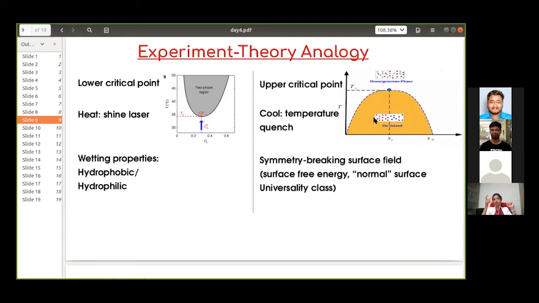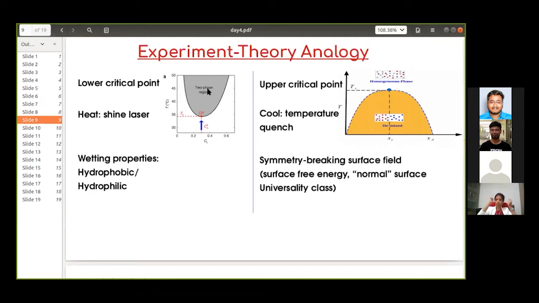Whereas this experimental fluid, considered in the experiments that I showed you, has a lower critical point. What do I mean by lower critical point? It means that the binodal is upside down, which means that when the fluid is at a temperature lower than the critical temperature, it's homogeneously mixed, whereas at a higher temperature, it's in the demixed state.